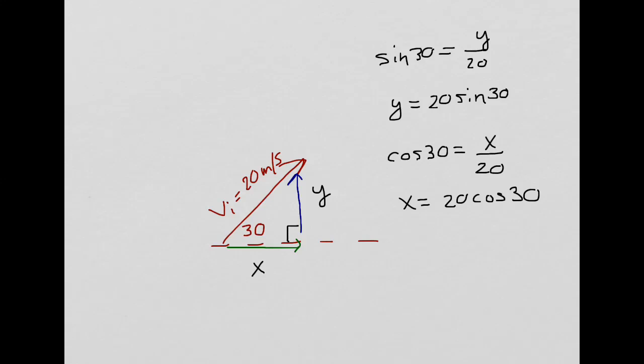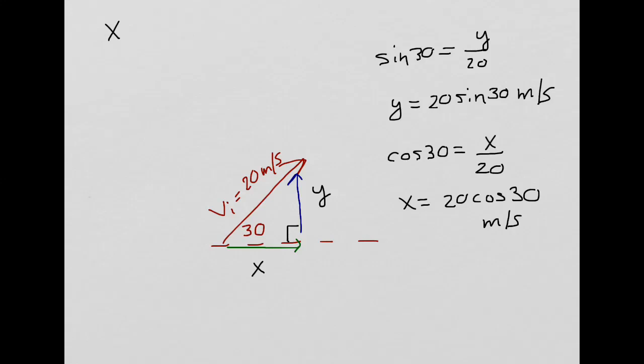Okay, so x equals 20 cosine of 30 is the velocity of this ball with respect to the horizontal. So this is in meters per second. And then y equals 20 sine of 30 is the velocity of the ball with respect to the vertical component. So this is in meters per second as well. And you should remember from the last video that in general, I can rewrite any horizontal and vertical component in terms of x and y.